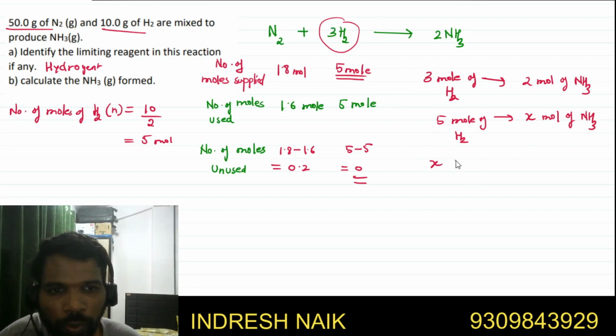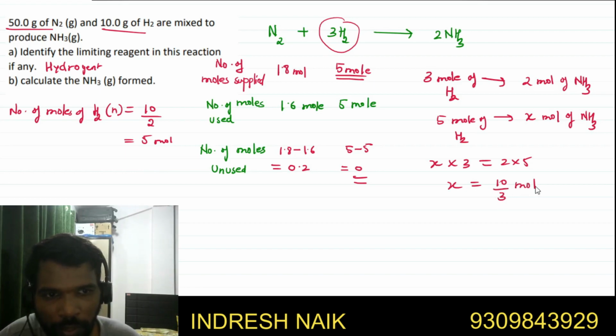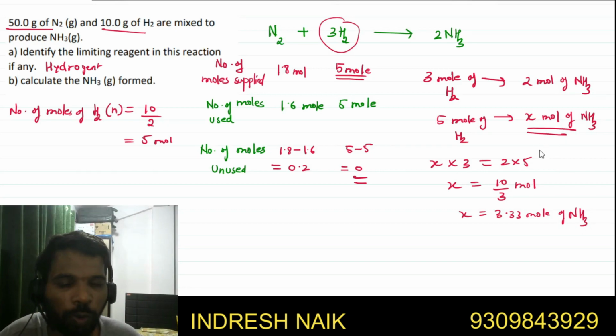So X into 3 is equal to 2 into 5. So X is what? 10 by 3 mole. 10 by 3 is 3.3 mole of NH3. X mole of ammonia is the number of moles of ammonia formed.